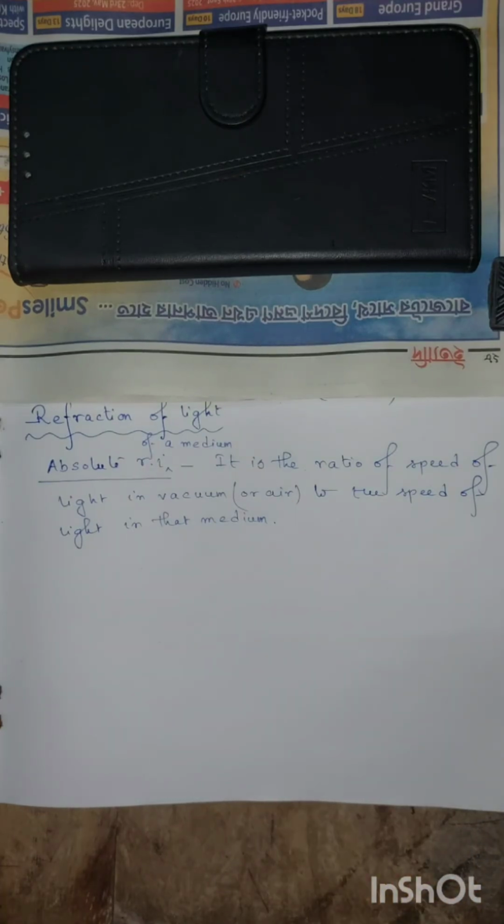So, absolute refractive index of a medium can be defined as the ratio of speed of light in vacuum to the speed of light in that medium.